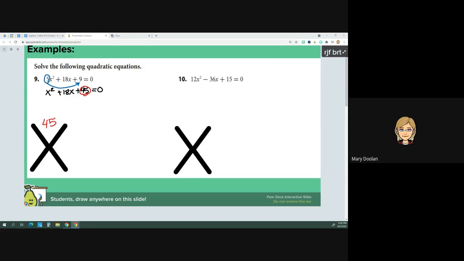And then this 18 right here is going to go on the bottom of my x. And now I'm trying to think of two numbers such that if I multiply them, I get 45. But if I add them, I get 18.